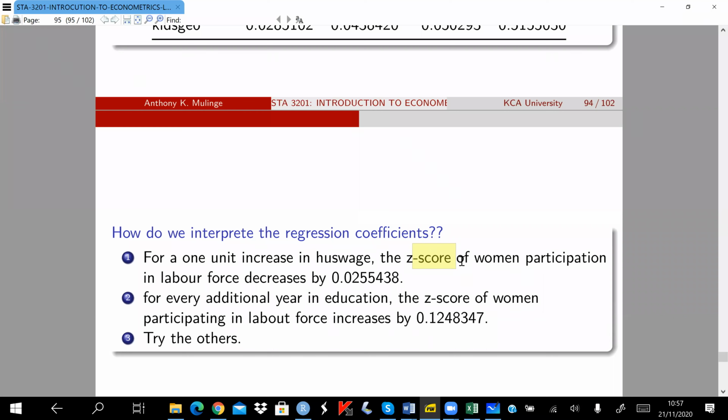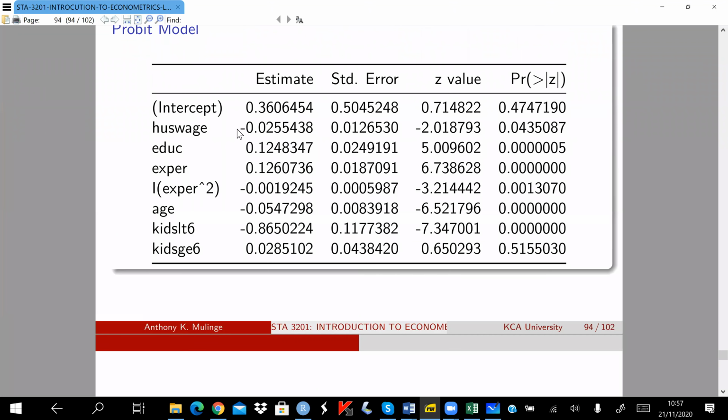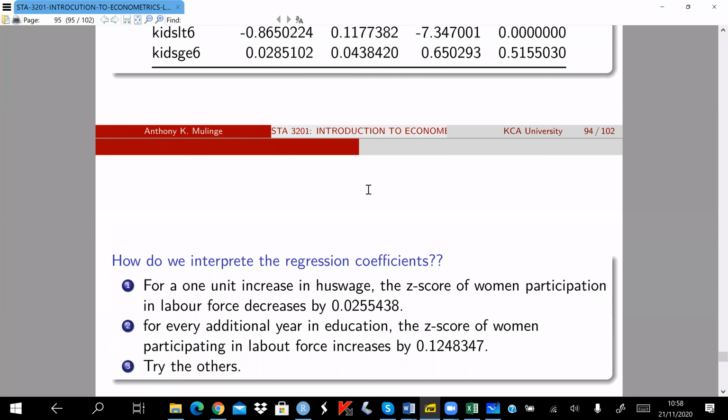In the case of Logit we were talking about the odds, but here we're talking about the Z score. The negative tells you it is a decrease, and it decreases by 0.0255 and so on.